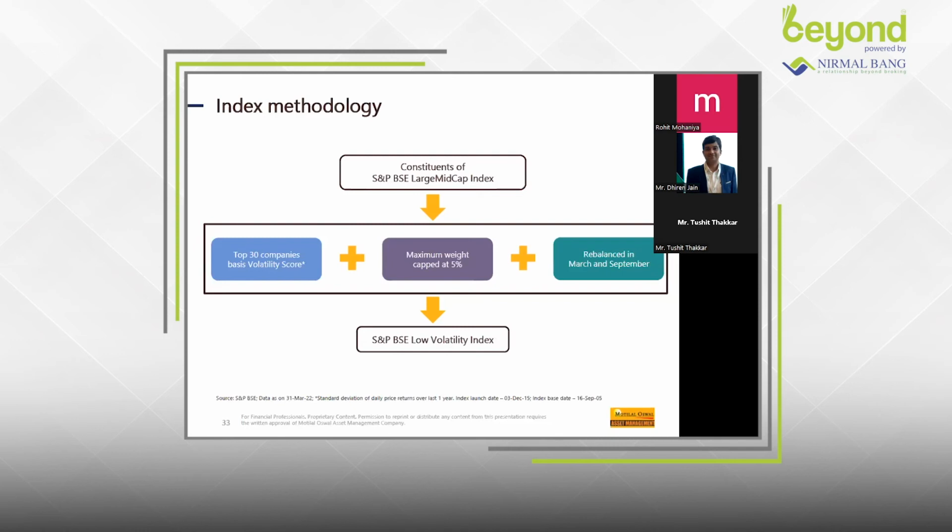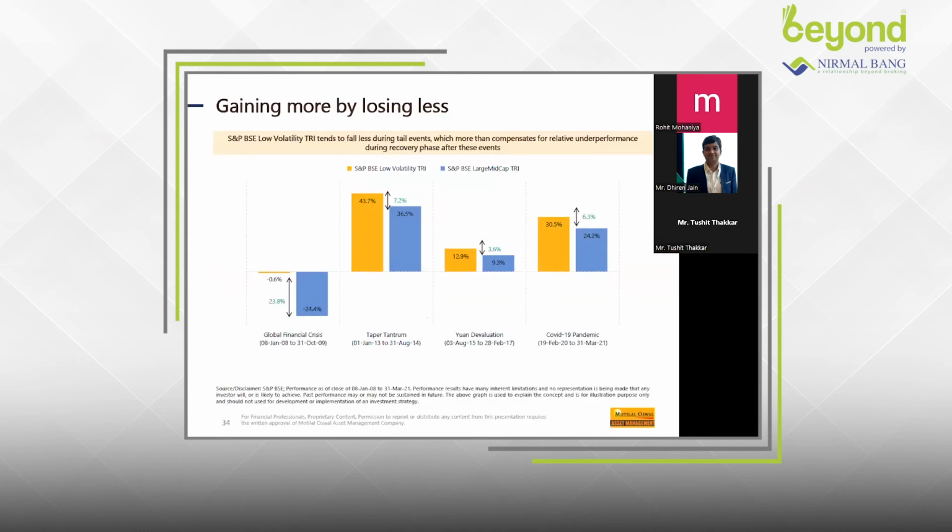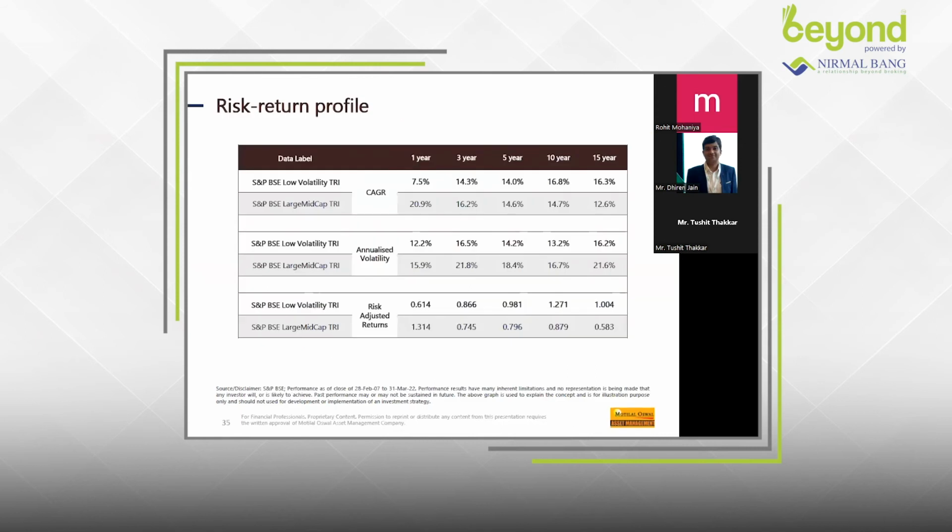Now you can ask me, how has this strategy performed over the history? Correct. More important point is how has this particular strategy performed during periods of extreme volatility? And you look at global financial crisis to taper tantrum to yuan devaluation to COVID-19 pandemic. सारे इन periods के अंदर there is this performance that is there. Correct. But if you look at the past 1 year return, आप आके बोलोगे कि सर आप ये कौन सी strategy लेके आए हो?